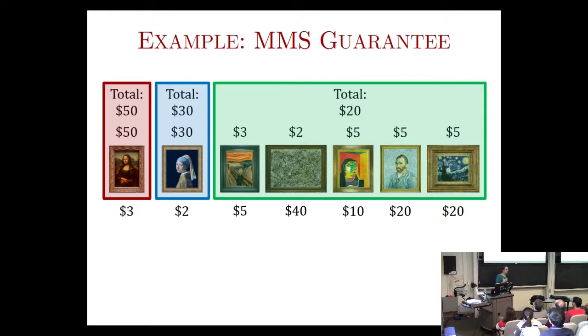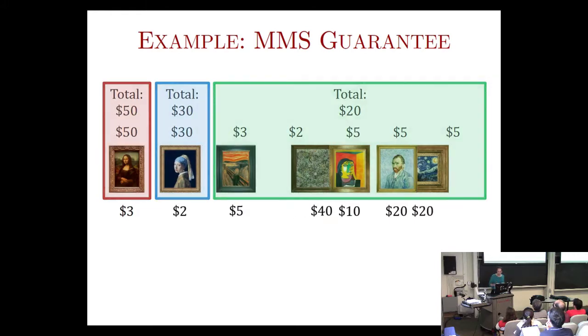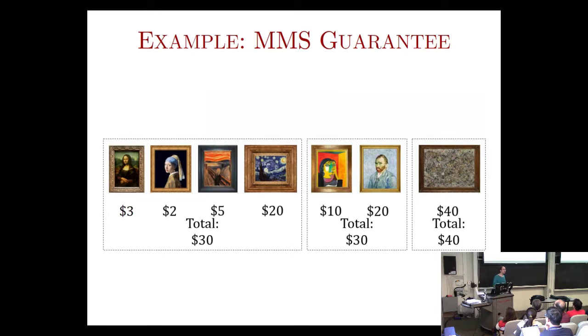If you gave me the privilege of dividing the goods, I would divide them like this. And in this way, I would be able to guarantee to myself a value of $30, no matter how my sisters choose. So this red sister is really upset about not having the privilege of dividing the items, even though she would have gotten to choose last, it would still be much better for her.